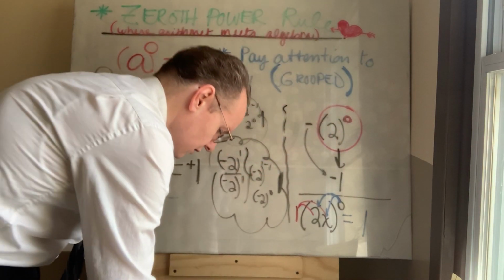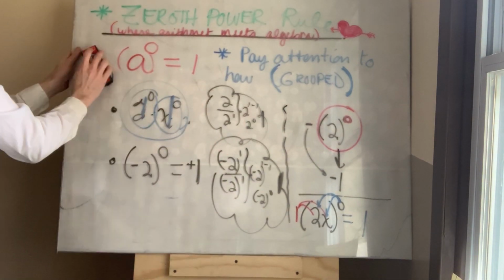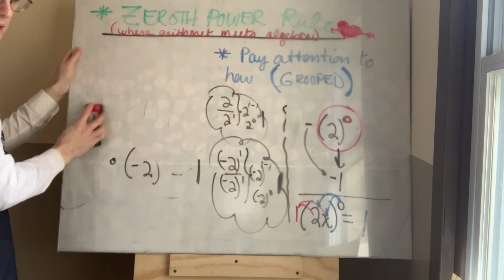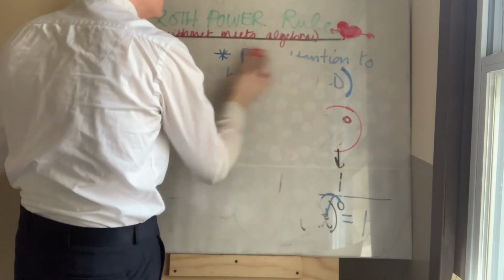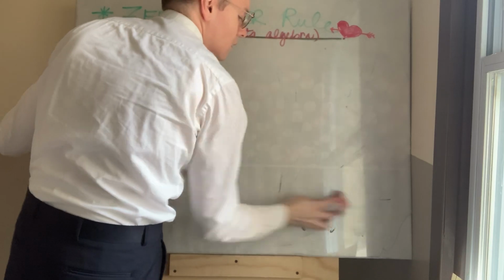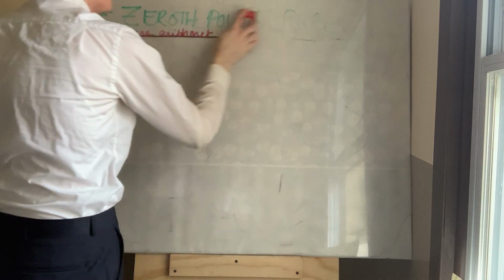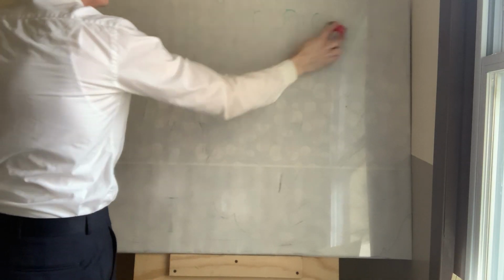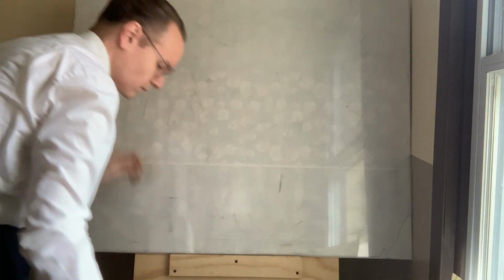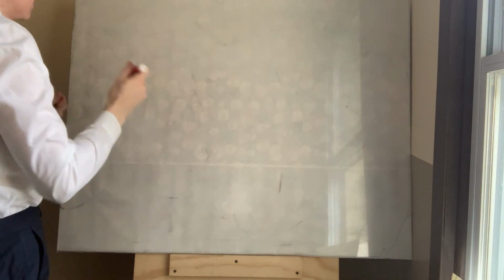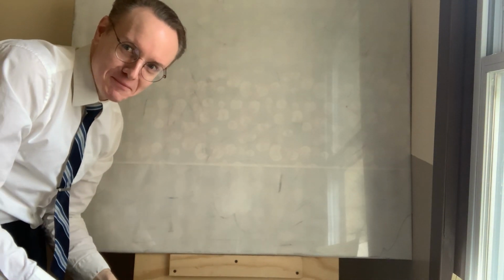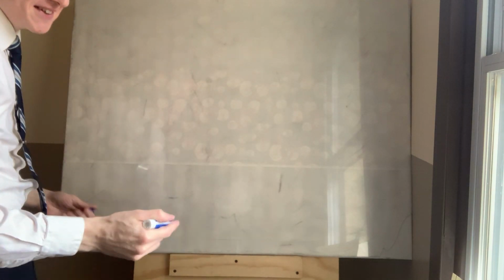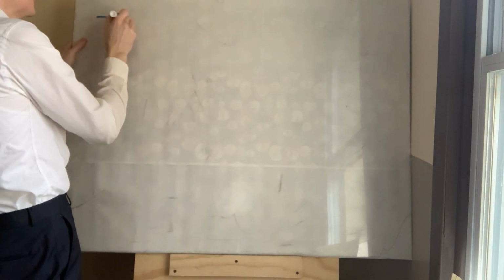Then there's another interesting case, the negative exponents rule. I'll use blue in some kind of cheesy attempt to make it cold. I don't know why I felt like that should be the color.